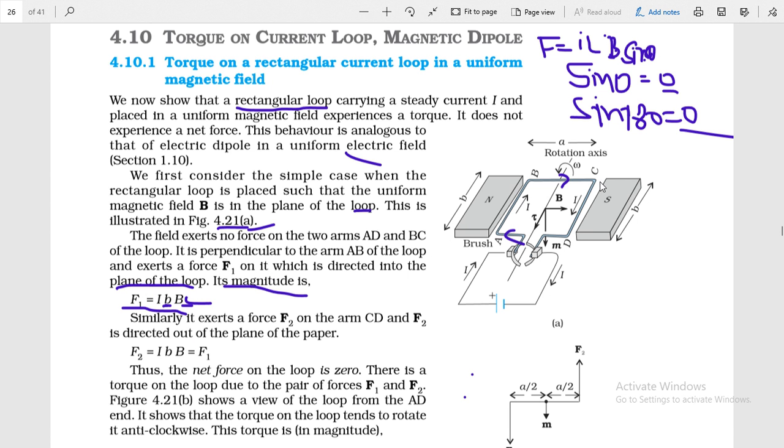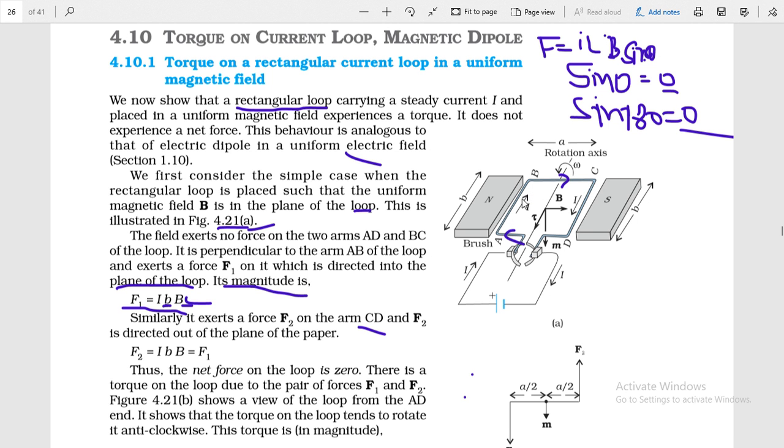Similarly, you can discuss the force on this arm, that is CD. Since I is the current in this one, the length is again equal to b, and the magnitude of the magnetic field is also B. So similarly it exerts a force F2 on the arm CD, but you can see the direction of current is from A to B here, and from C to D here.